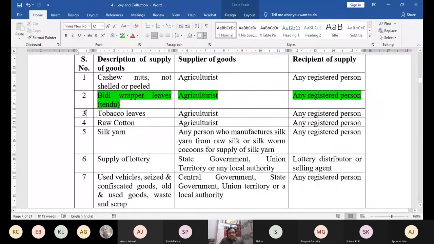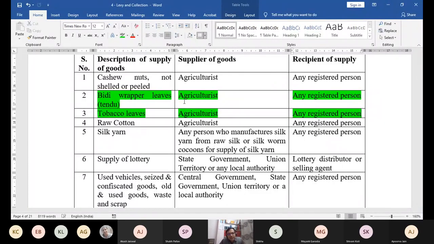Then tobacco leaves. This you should learn. The tobacco leaves supply is also covered under reverse charge, provided the supplier is an agriculturist and the recipient is a registered person. Raw cotton. Cotton is also covered under reverse charge. Silk yarn.